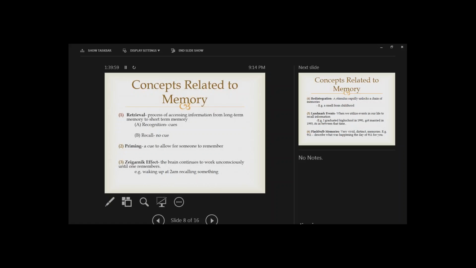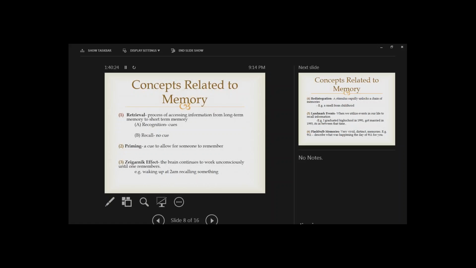It's called the Zeigarnik effect. Your brain is working unconsciously to remember. You're not consciously trying to remember this actor from 1 p.m. to 1 a.m. Your brain is continuing to work to remember it while you go on with your life.